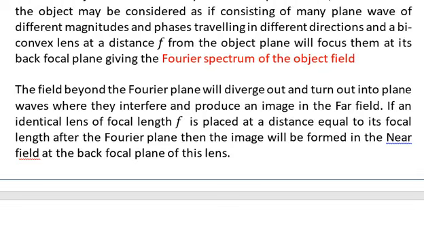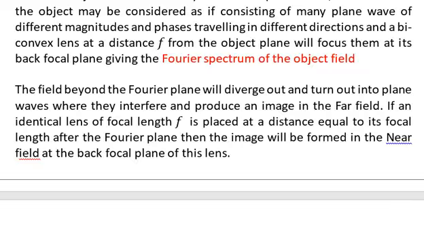The field beyond the Fourier plane will diverge out, because at the Fourier plane all the plane waves diffracted at the object plane are received by the lens and focused there, and after the focusing the light will diverge out.